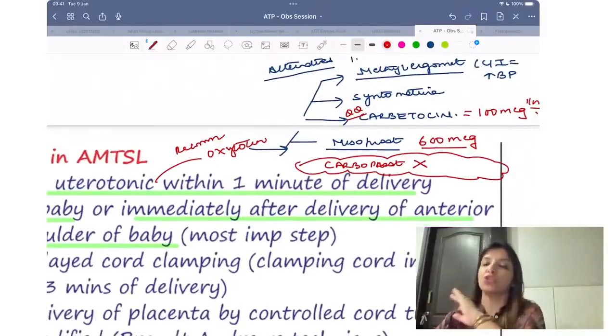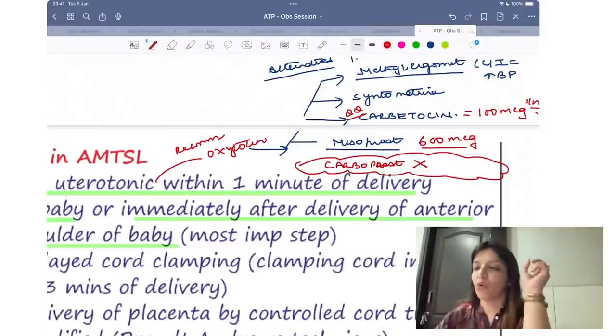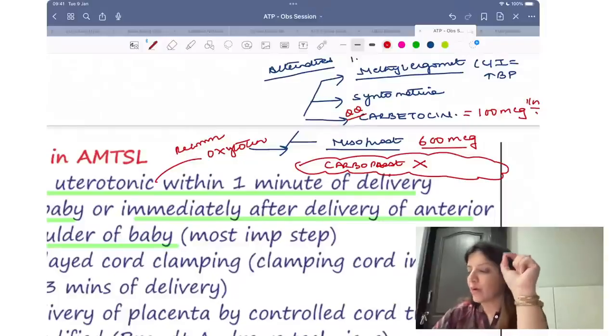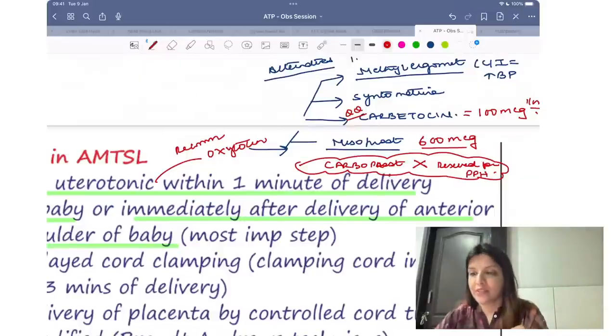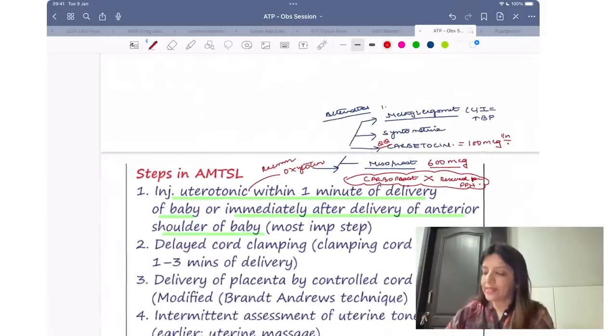Those of you who were saying carboprost, please highlight this point in your notes. Carboprost is not used for AMTSL. It is reserved for PPH. Okay?